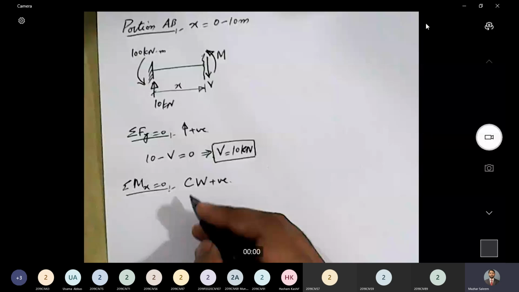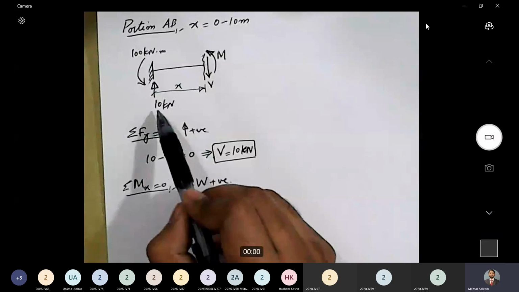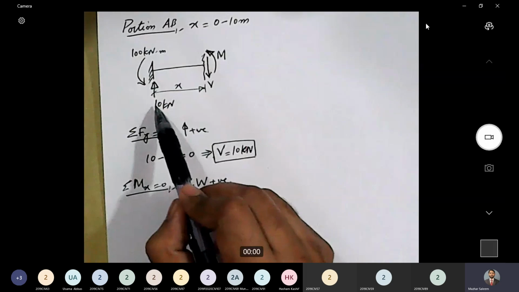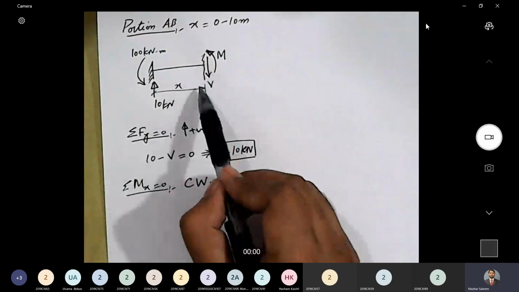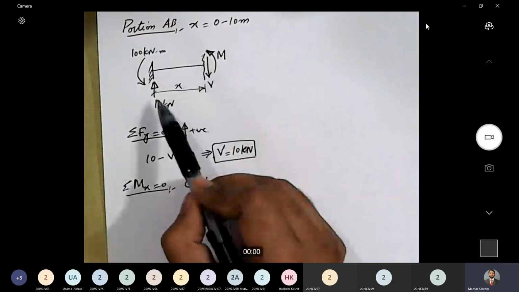Now, we will consider point A and point B, and we will put the corresponding values of x in this equation, and we'll get the values of bending moment at these points. So at A, x is equal to how much? X is 0. So M is equal to 10 into 0 minus 100, equal to minus 100 kilonewton meter.